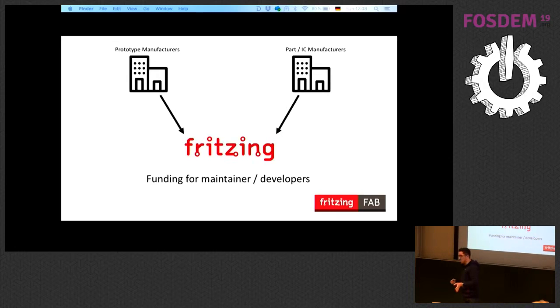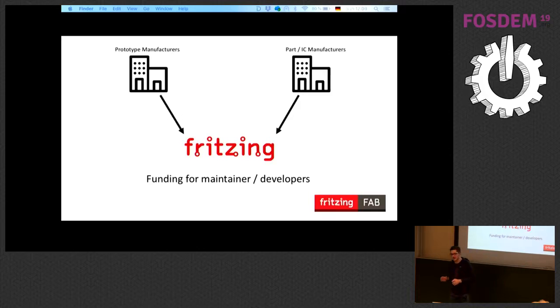On the one side, we have prototype manufacturers. These are PCB fabs and EMS services which do PCBs, assembly and such, as we do. And we give 10% of every Fritzing sketch which gets paid through us back to Fritzing. And this is enough to pay like half a developer.